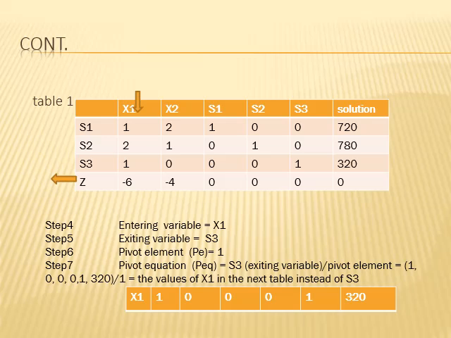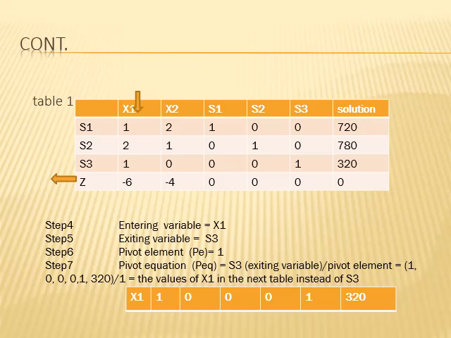Now let's check. 720 over 1 equals 720. 780 over 2 is 390.